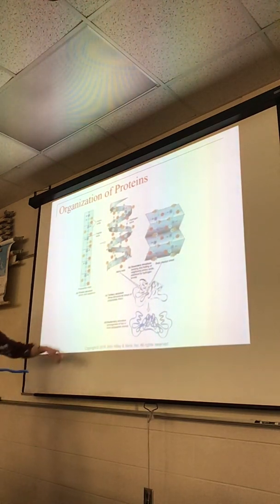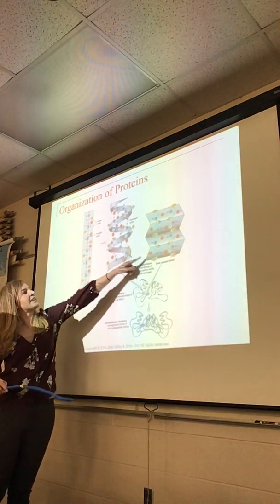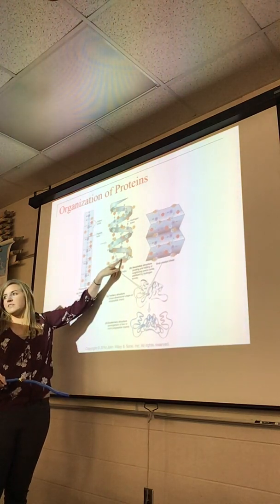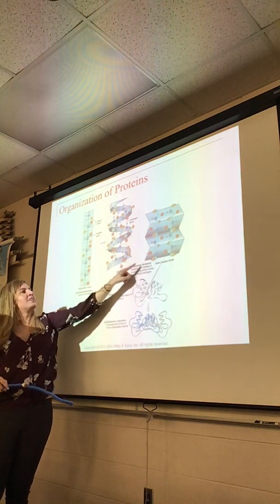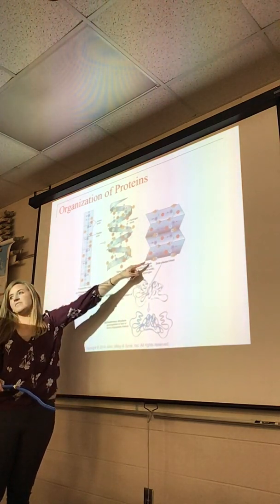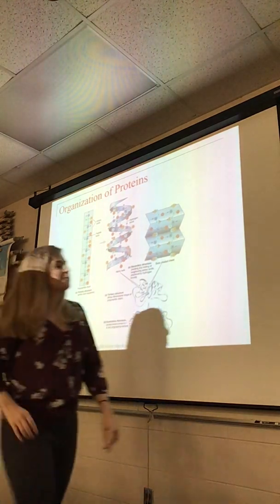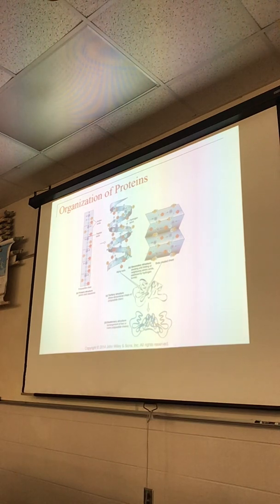Our secondary structure, there are two options. It can look like this, it can look like this. What does that secondary structure look like? A curlicue, right? We call that a helix. What does that look like? Sheet of paper, right? So your two options for a secondary structure, this is its shape.